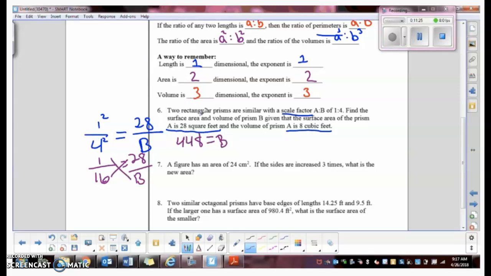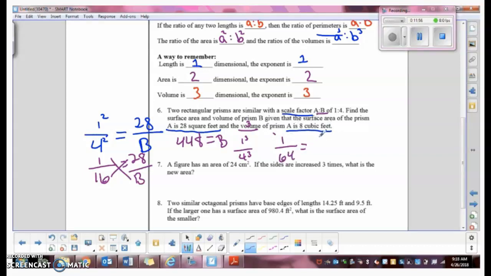Okay. And now we'll do the same thing for the volume. You know that the volume of A is 8. So we'll take our scale factor again and we'll just cube it. Volume is cubed, so it's 1 cubed over 4 cubed equals 8 over B cubed.